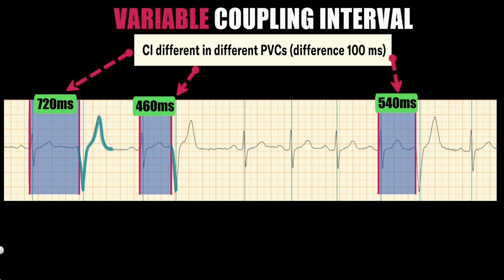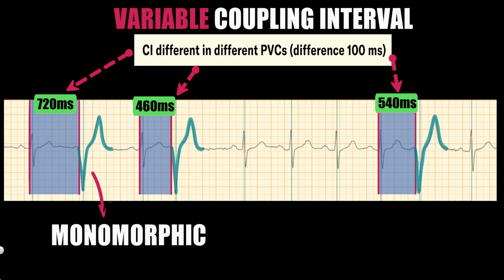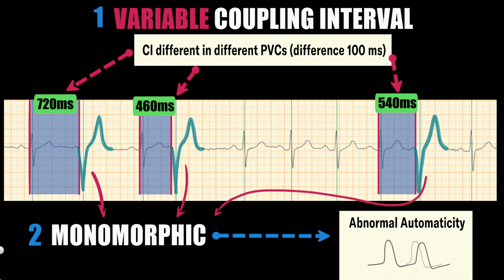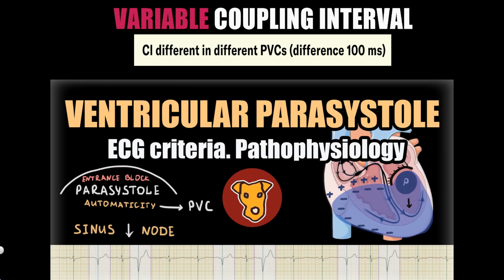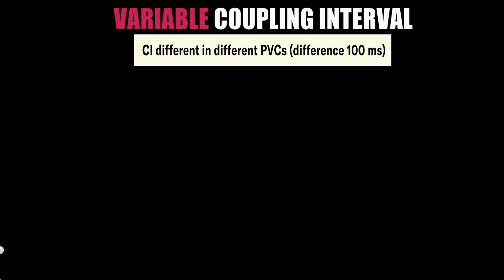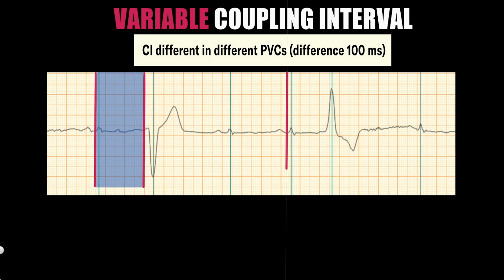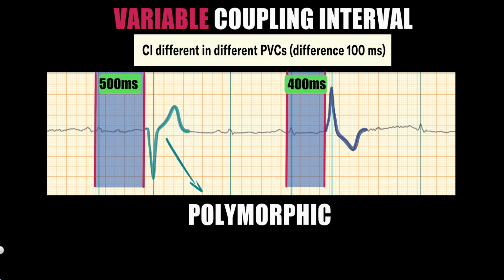In this case, if the PVC is monomorphic, together with variable coupling interval, it suggests the abnormal automaticity as a possible underlying mechanism. Variable coupling interval is one of the criteria of ventricular parasystole. By the way, we have another video about it. Variable coupling interval in polymorphic PVC is explained by the different site of origin.